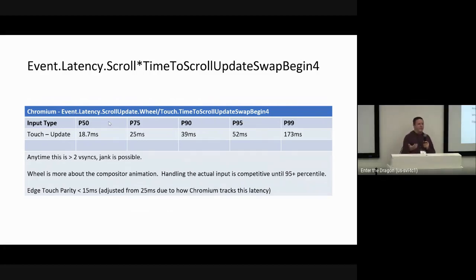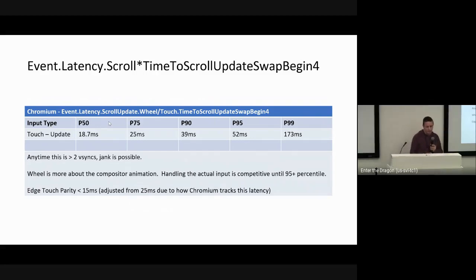What that means is any time this number is greater than 2 vsyncs worth of time, so assuming 60 frames per second, about 35 milliseconds, that means that you missed at least the optimal delivery. Doesn't mean that it's not smooth if, say, everything is exactly delayed a frame, but it's not ideal.